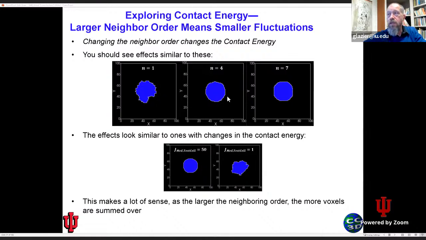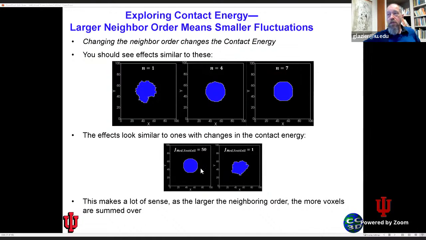Then there's an intermediate length, and 4 usually is the best for square lattices, where the cell is quite round. And then if I make the interaction range very large, my fluctuations are getting smaller again, and I'm seeing the cell line up again on the lattice, this time because of the fluctuations being too small.